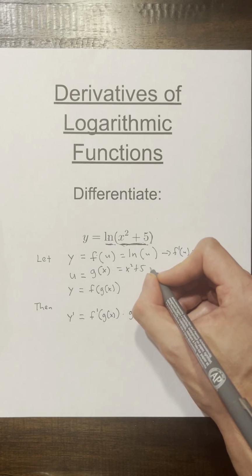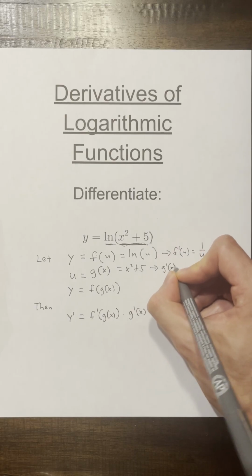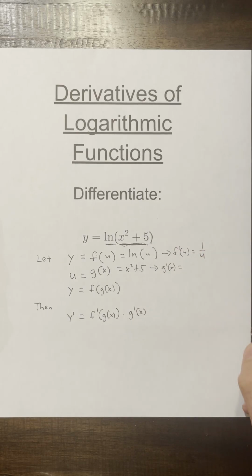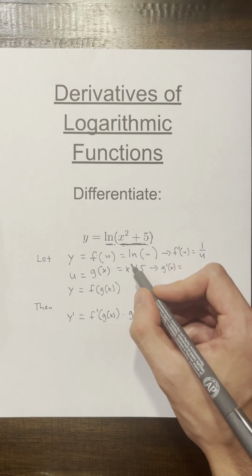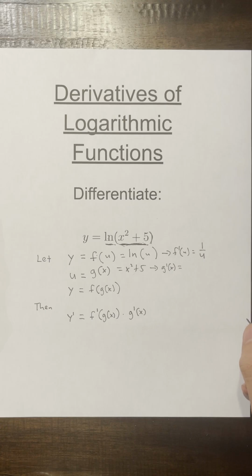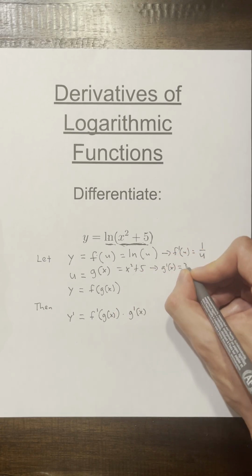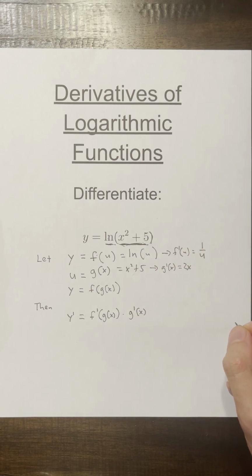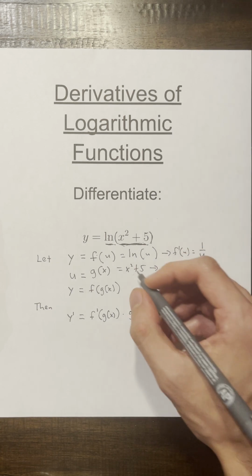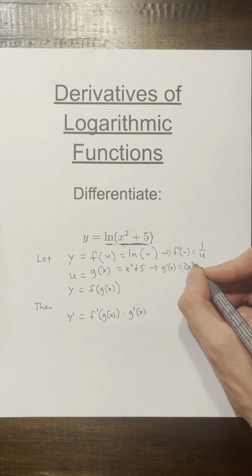All right. And we're also going to need g prime of x, which is equal to how much? Well, what's the derivative of x squared? I move this over here in front of the x, and then x gets raised to what power? I need to subtract 1 from 2. So it's 2x to the power of 1.